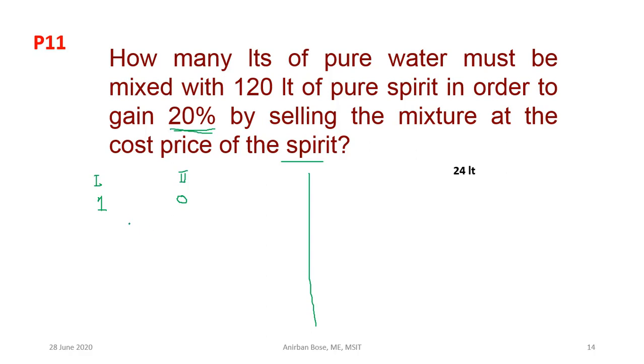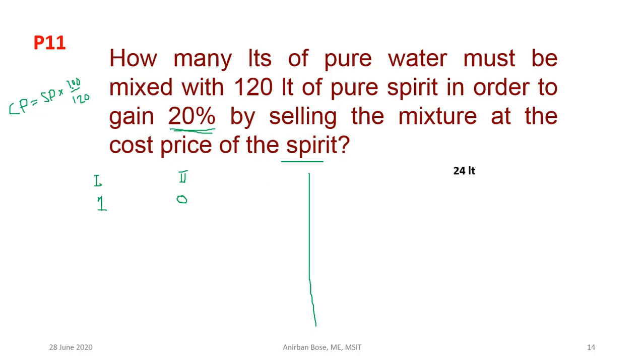Now we have to find out the cost price of the mixture. To find the cost price of the mixture, it is known that a 20% gain has occurred. So cost price is equal to selling price into 100 by 120, right?